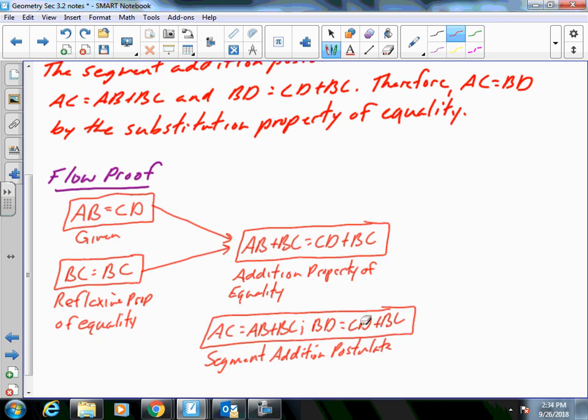So now we're ready to make the last step, which, remember, the last step just replaces AB plus BC with AC and CD plus BC with BD. So in order to do that, these two steps have to work together. These two parts come together to use substitution to create our new step.